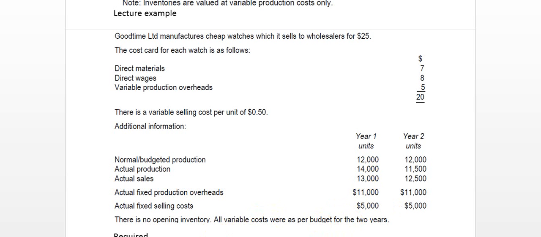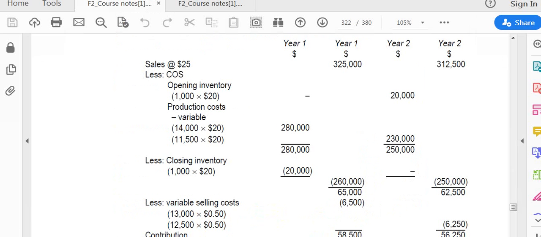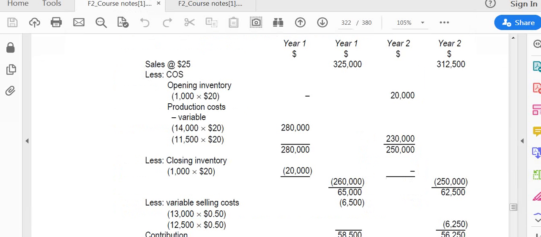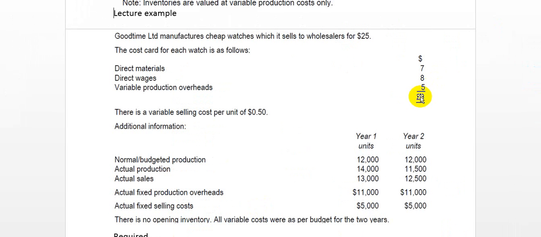Then we go to the production. How many units did we actually produce? We produced 14,000 watches at a variable production cost of how much? 20.